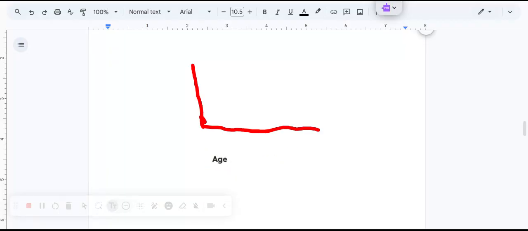So you're going to have 1, 2, 3, 4, 5, 6, 7, 8, all the way. And then over here, we're going to have our percent survivors. Our percent, that last column where you calculated the percent, that will go on this side. All right. And that is it.